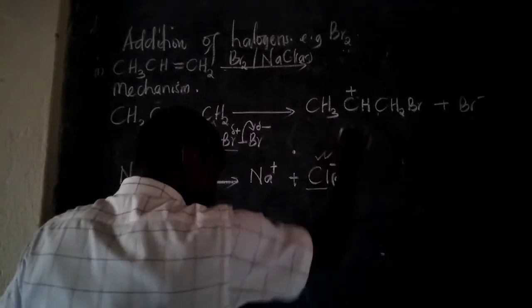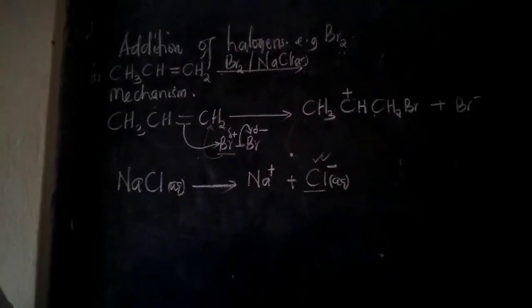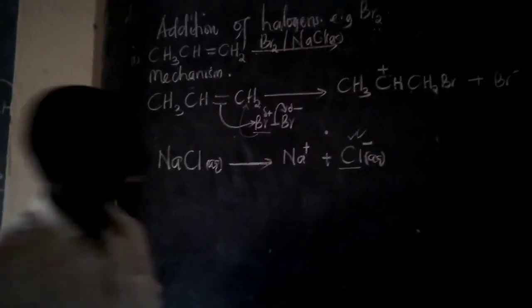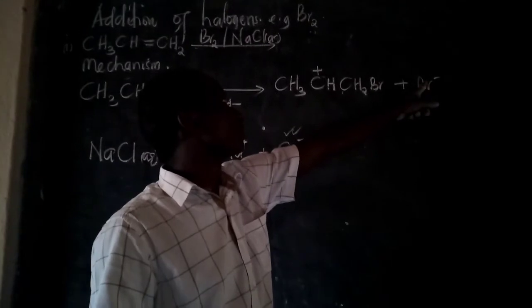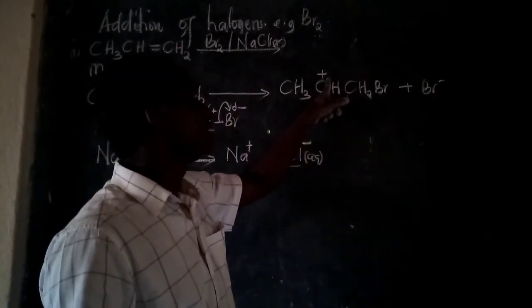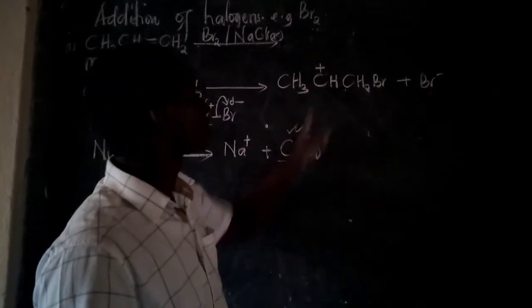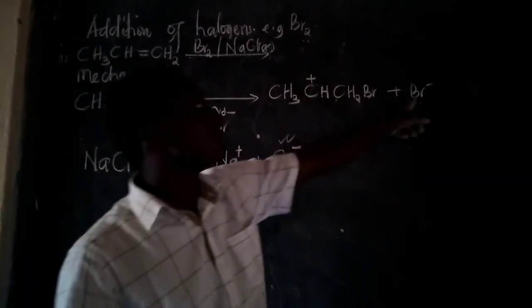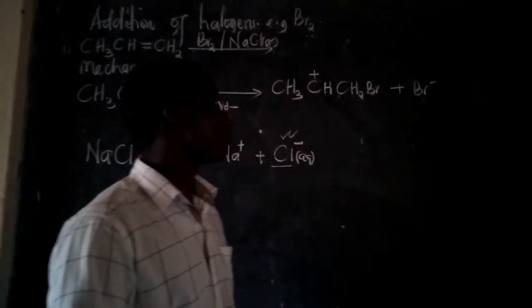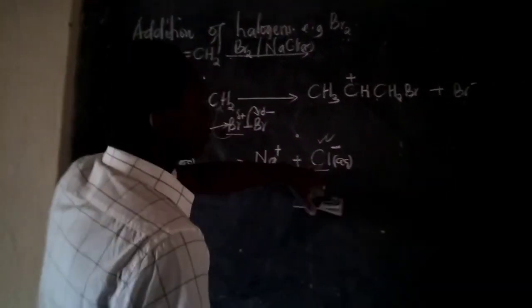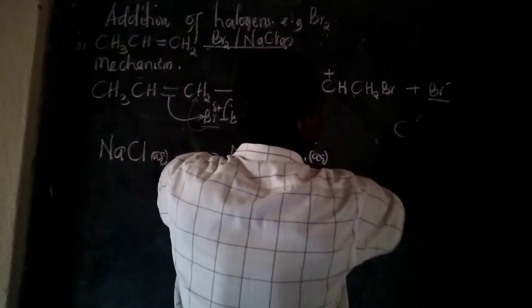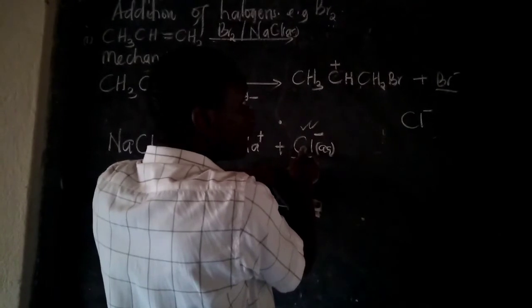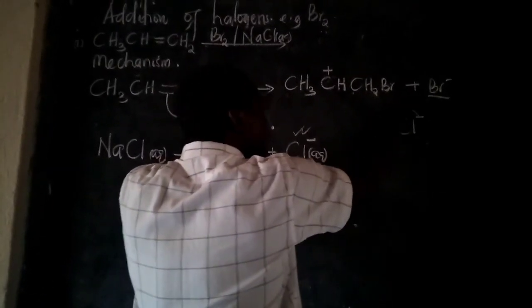Presence of this is always defined to be in excess, such that its excess presence deprives the bromide of the chance to interact with the carbonium ion. Instead, much of this will take up the position that is supposed to be taken up by the bromine. So what am I meaning in this? That instead of this, these chloride ions are too many, so they will come and interact.